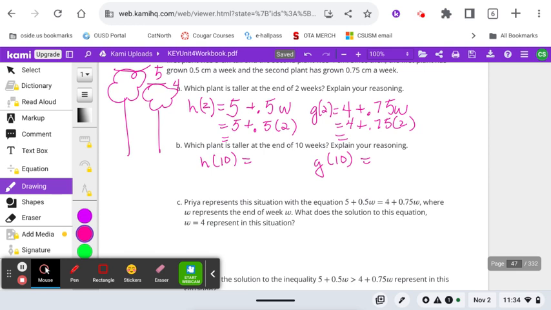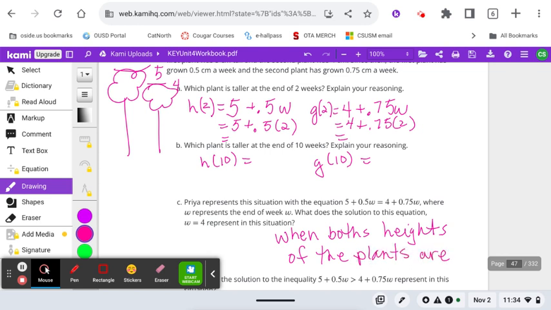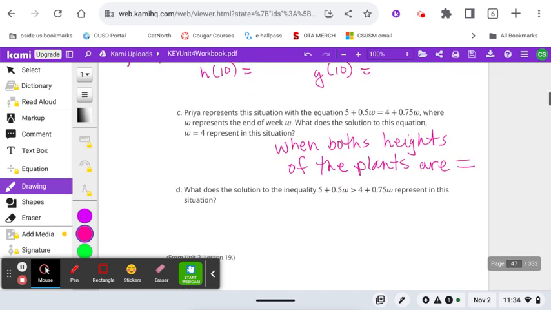Anyways, what does the solution to this equation W equals 4 mean? It's when both heights of the plants, you got it, are equal. What does the solution to this inequality mean?